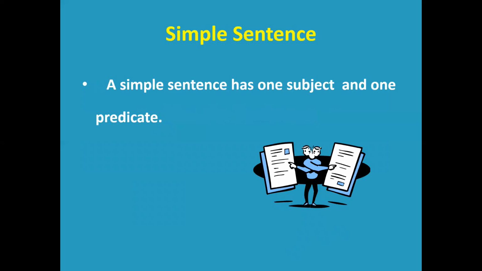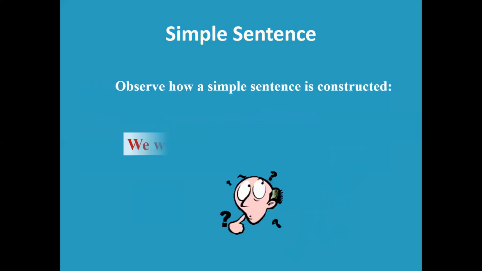Now, let me tell you something about simple sentence. The concept of simple sentence. A simple sentence has one subject and one predicate, and that is the most important thing about this simple sentence.